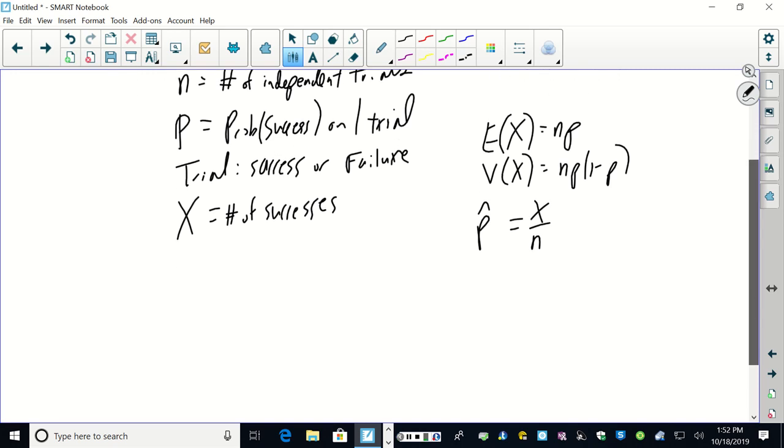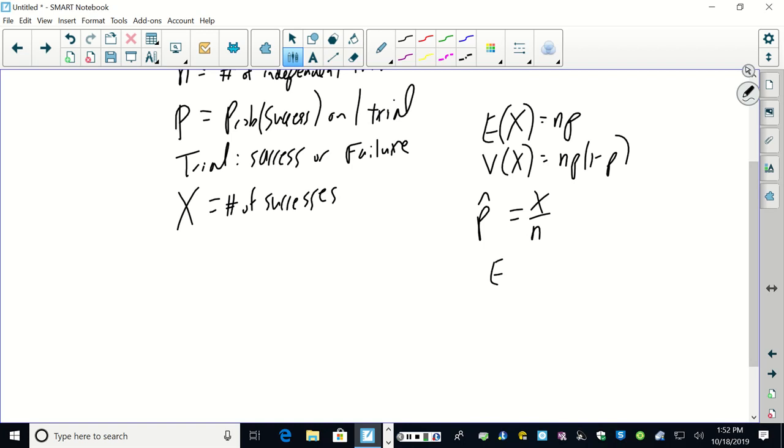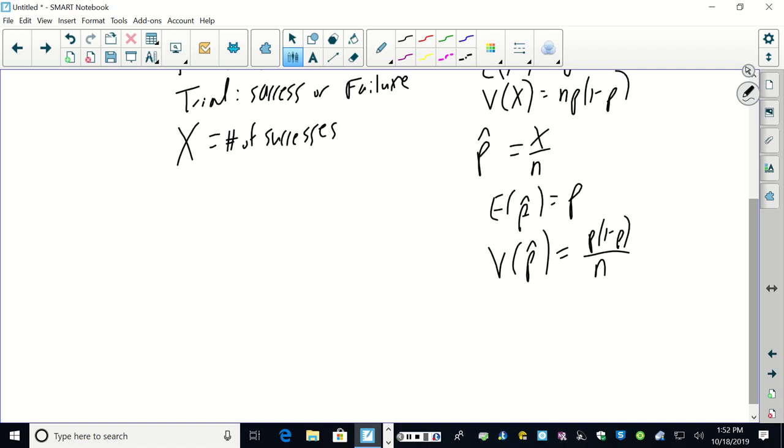And so we end up with the expected value of p hat is just p, and the variance of p hat is p times 1 minus p over n. Or if you take the square root of that, the standard deviation of p hat is the square root of p times 1 minus p over n. And so those are just a few things from probability theory.